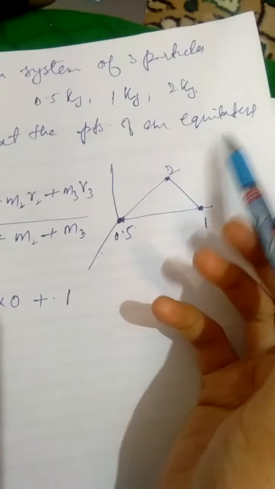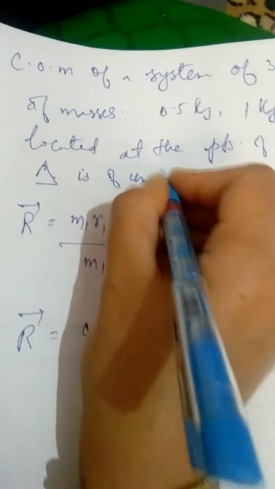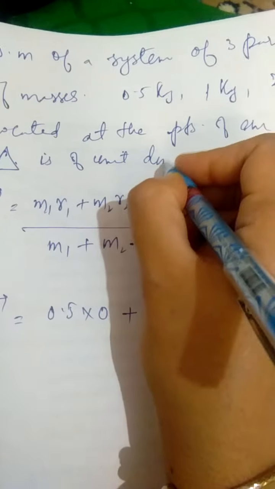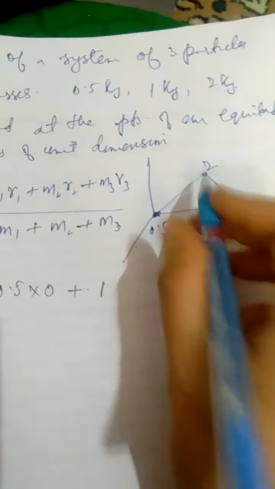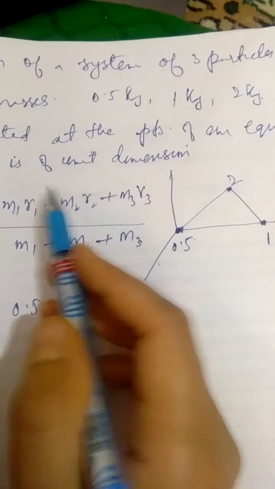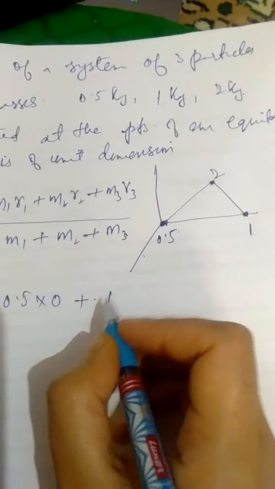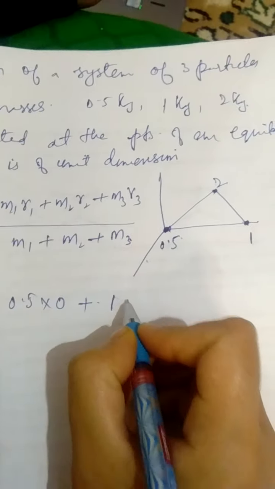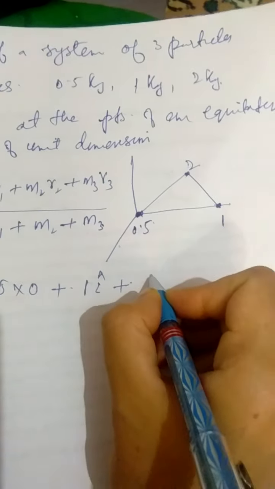Suppose each side of this equilateral triangle is of length unity, or 2 meter or 3 meter, whatever. For this numerical problem, we choose unit dimension. So it will be 1 into I, plus m3, which is 2.